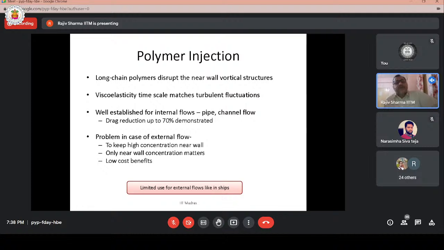The concept has been well established for internal flows, for example, pipe and channel flows. As the research indicates, the drag reduction can go very high, up to 70% has been demonstrated, but only at the pipe level, the channel flow, not with real structures of high importance.